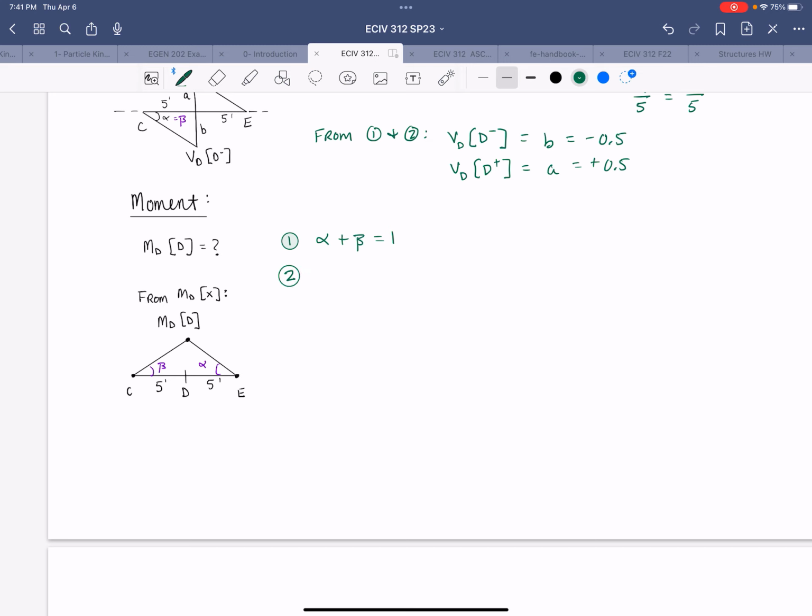Our second equation is going to come from applying the small angle theory. So we can say that the tangent of alpha is approximately equal to alpha, and the tangent of beta is approximately equal to beta, right? So we'll just call that small angle theory. And this first one comes from unit rotation.